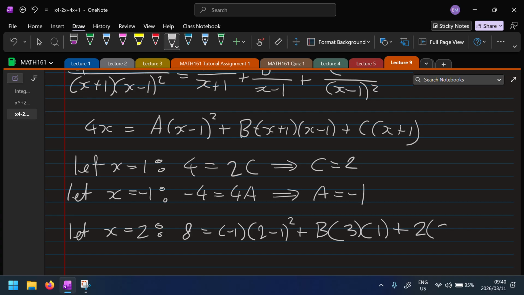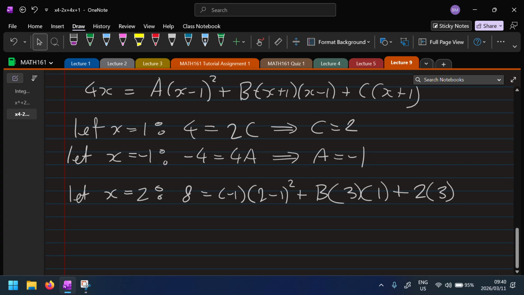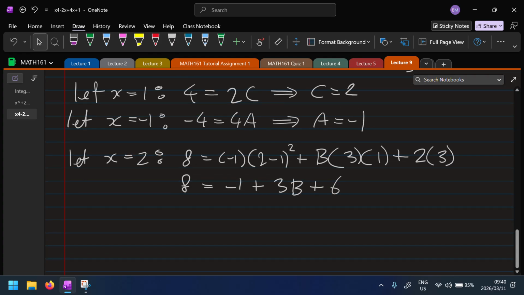So that'll be 3. So we have 8 is equal to 2 minus 1 squared, that'll just be 1, so we have minus 1. Okay, very simple just to solve now. So 8 minus 6, so we have 2 on that side, add another 1, so we have 3.